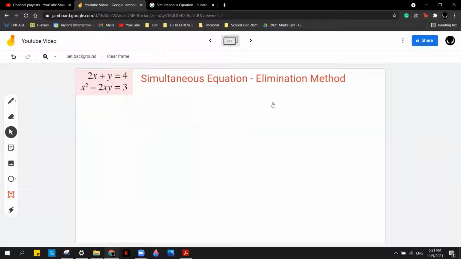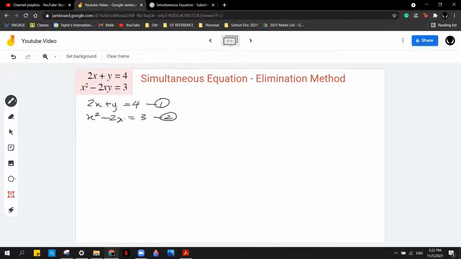As per usual, we know that this is equation 1, which is 2x plus y equals 4, and x squared minus 2y equals 3. This is equation 2. Sorry, I think I've made a mistake here.